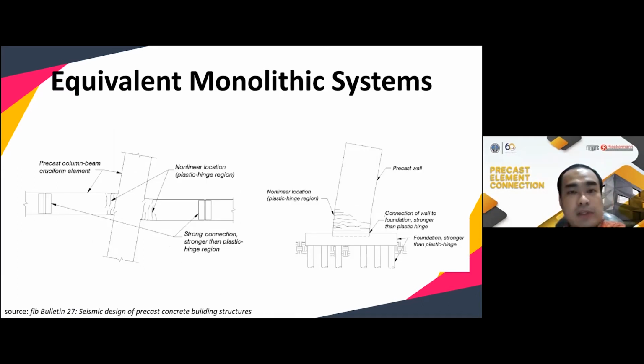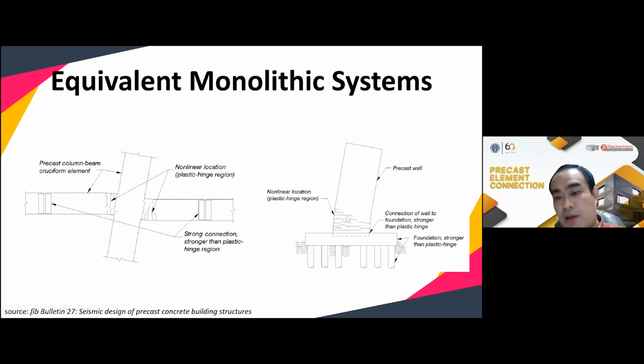The equivalent monolithic system, for example, is as we can see here for the beam-column joints. We put the connections outside the plastic hinge region, and we make the joints like a cruciform element. We make this connection stronger than the plastic hinge region, so once the earthquake happens, the plastic hinge will occur at the ends of the beam, which is similar behavior to cast-in-place RC structures.